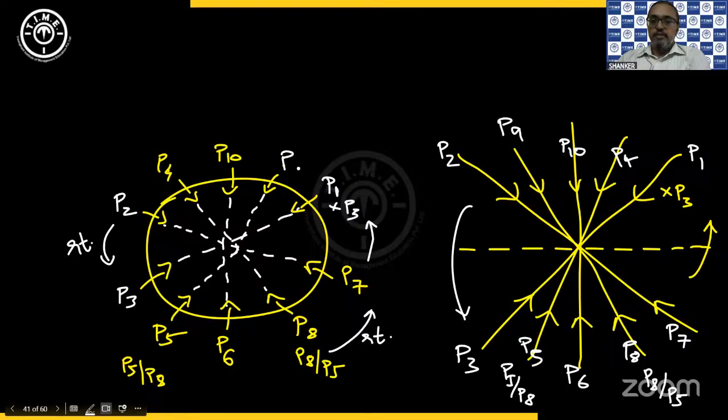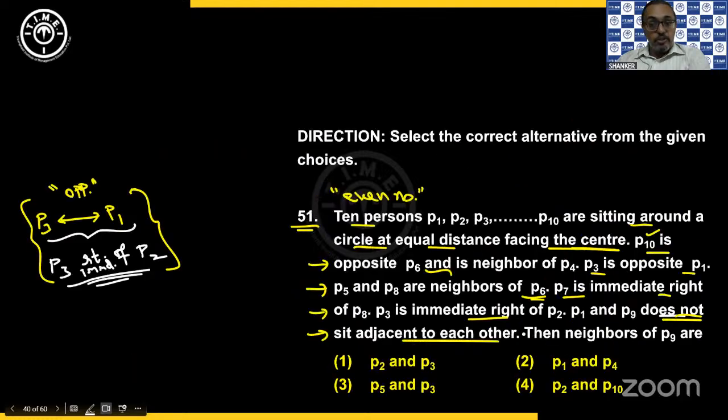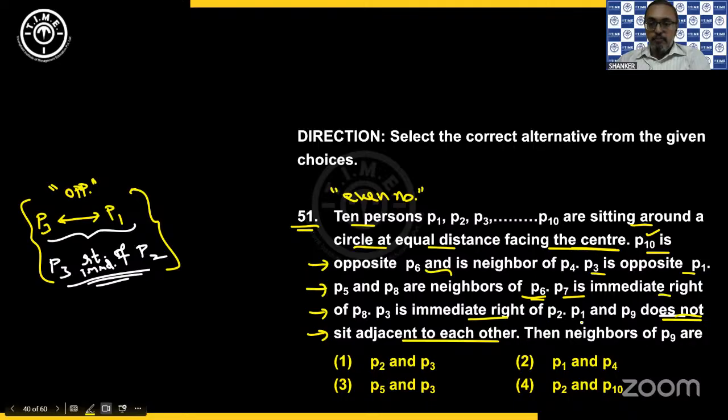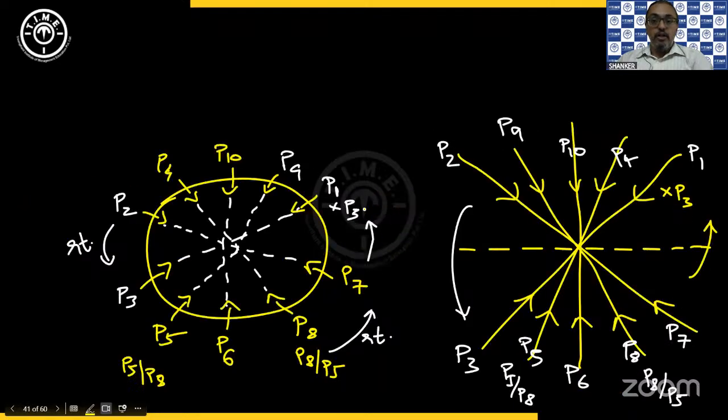The remaining you have is P9. Okay, but we also had the last information. P1 and P9 are not adjacent. Who are not adjacent to each other? P1 and P9, not adjacent. See, this particular case is ruled out, not valid anymore.